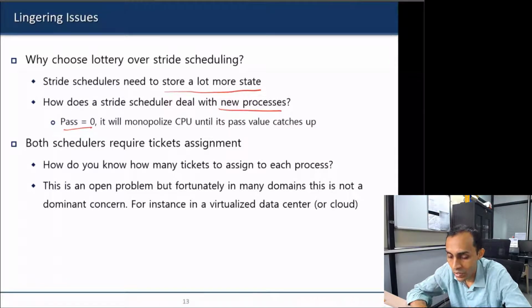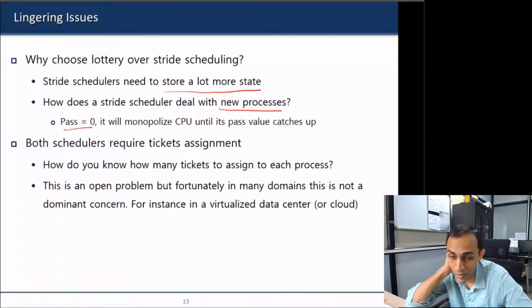For instance, if you are doing it in cloud computing, in a data center server or a cloud, you can decide the tickets or the priority of a process based on external criteria. So the user who pays more for the services gets more tickets.